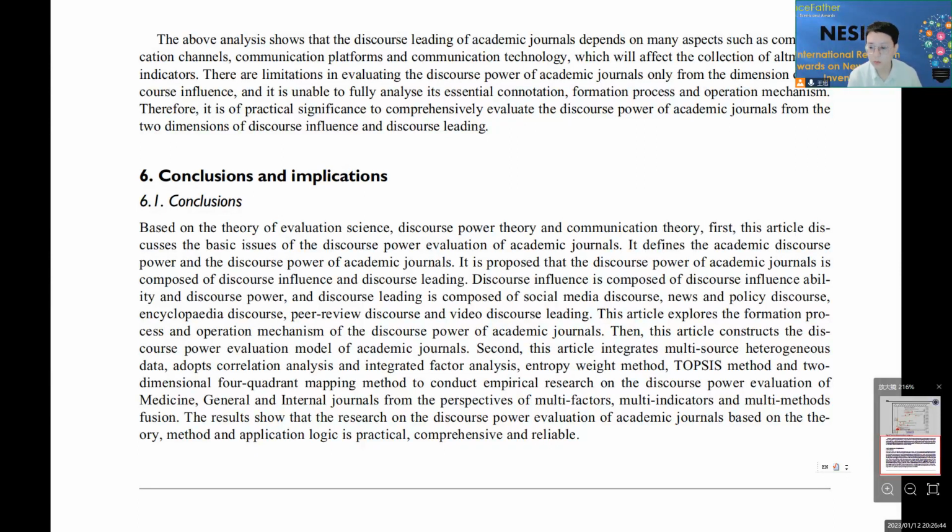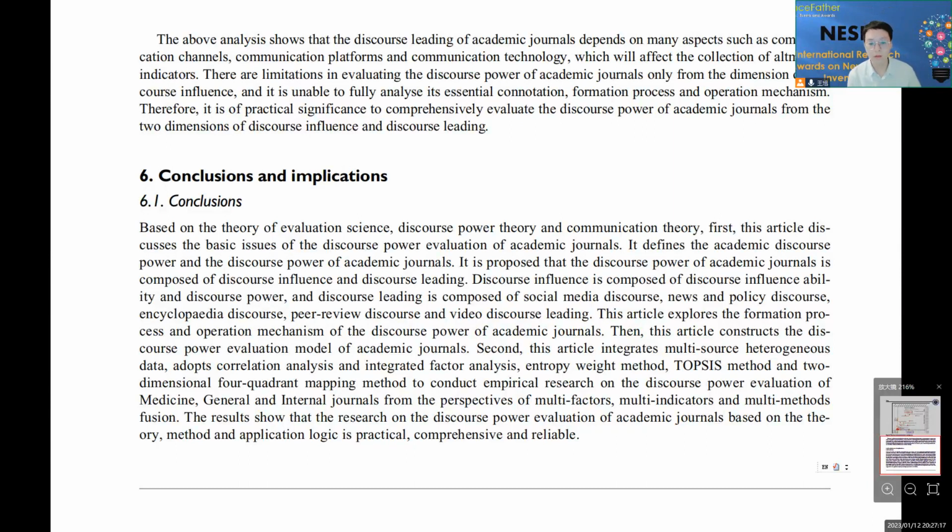Second, this article integrates multi-source heterogeneous data and uses correlation analysis, factor analysis, entropy weight method, TOPSIS method, and two-dimensional four-quadrant mapping method to conduct empirical research on the discourse power evaluation of medicine general and internal journals from the perspective of multi-factors, multi-indicators, and multi-method fusion.